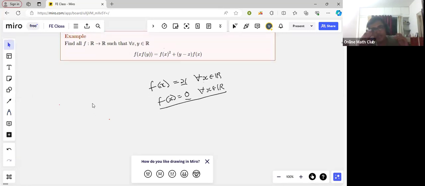And one common trick for proving injectivity is this.